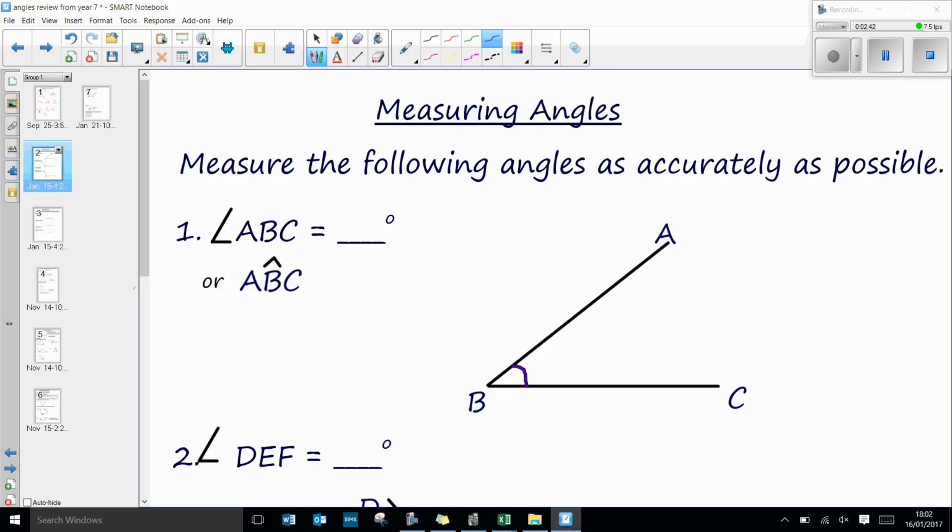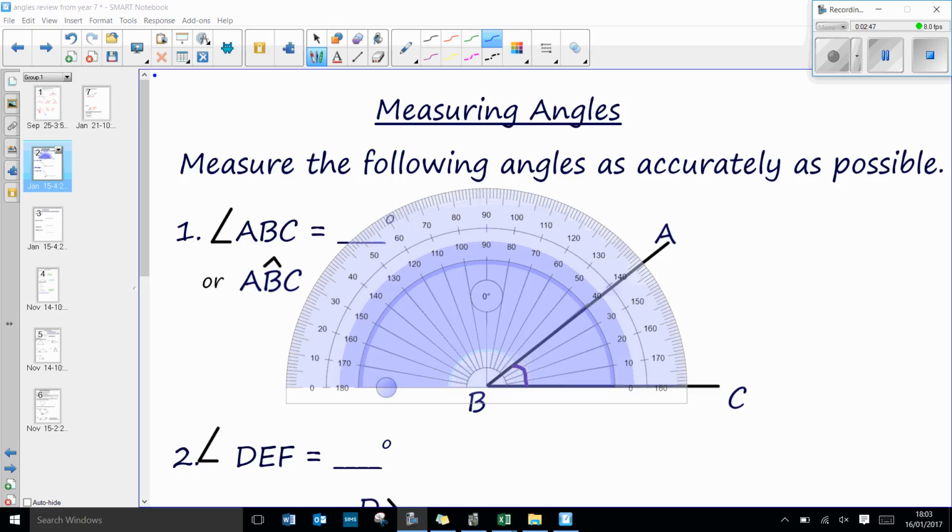Measuring angles. Okay, as you can see, we're now measuring angles, so we're using our protractor. If I'm measuring this angle, angle ABC, I place my protractor so that the baseline of the protractor is along this arm of the angle.